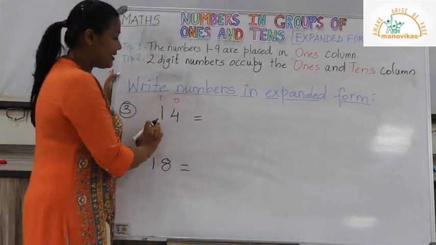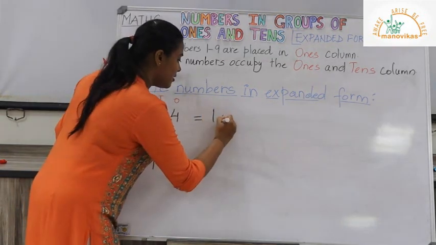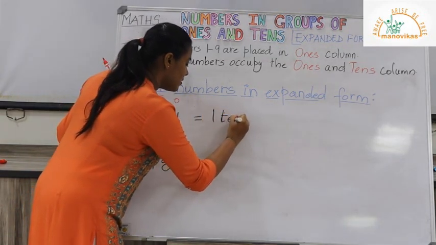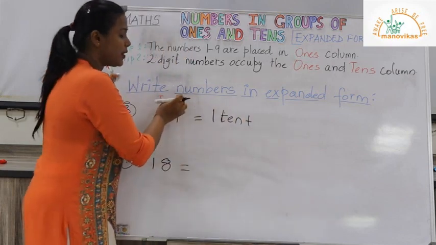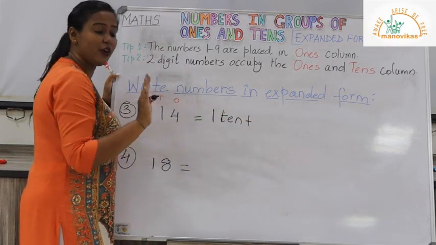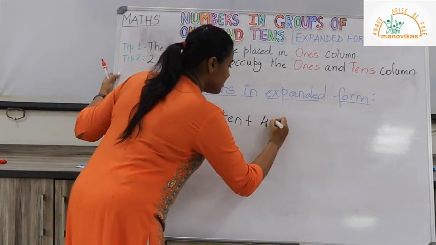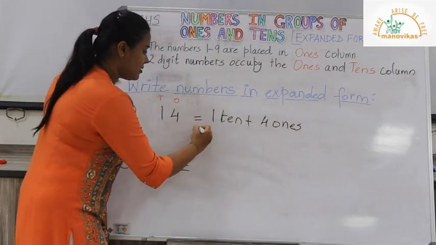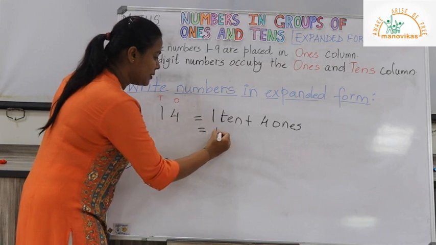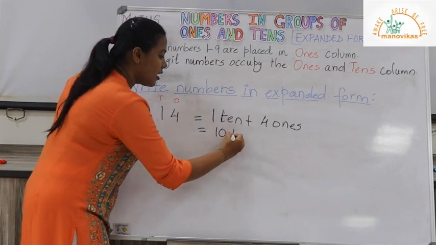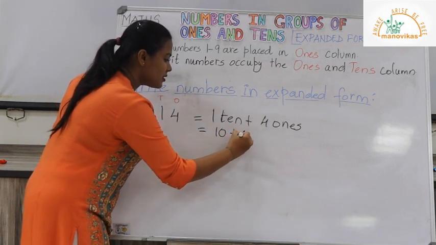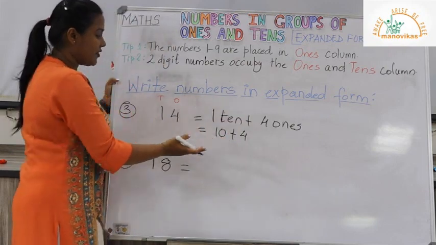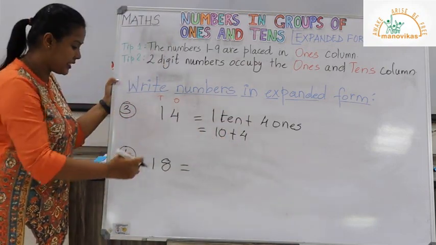We have 1 ten plus how many ones do we have in the ones place? We have 4 ones, which can also be written as 1 ten, the number 10, plus 4 ones, which is 4.